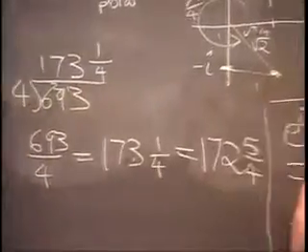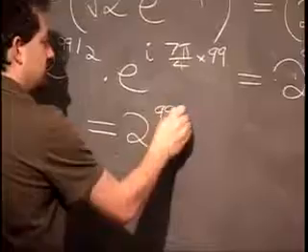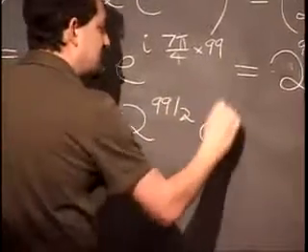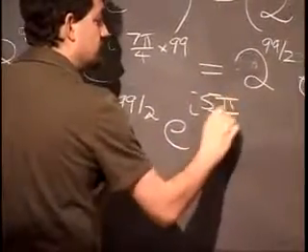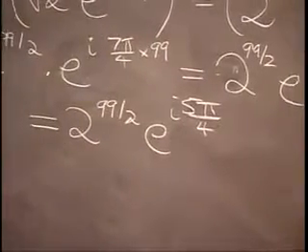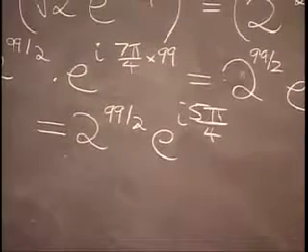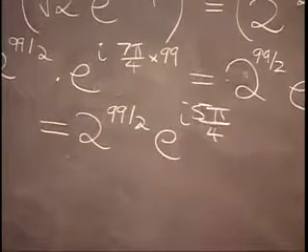Anyway, so from all this, I can simplify this a little as 2 to the 99 over 2 times e to the i 5 pi over 4. Okay, already it's still in polar form, but already it's nicer. This is a nicer solution. It's easier to understand in polar form.